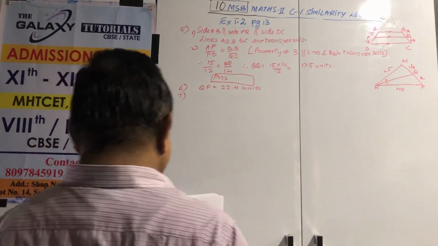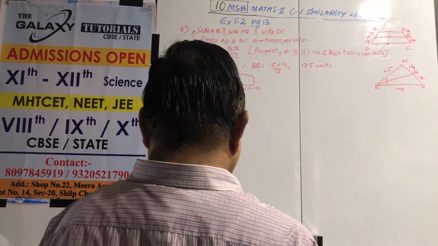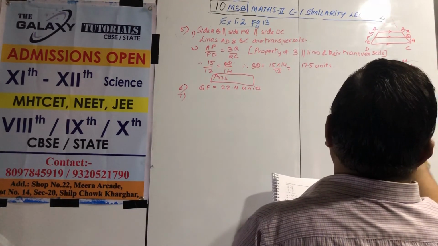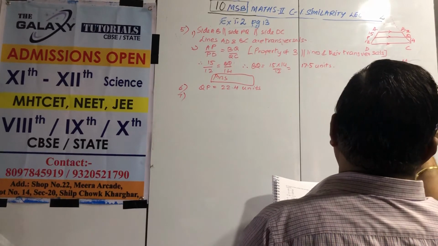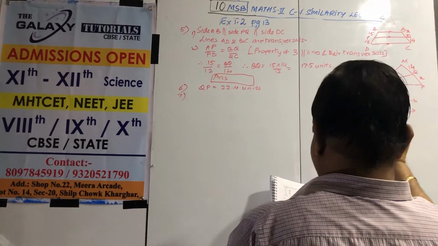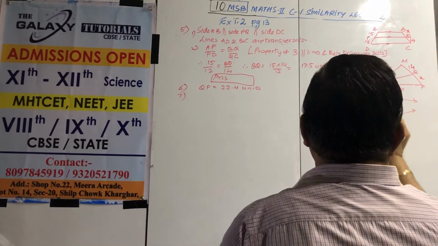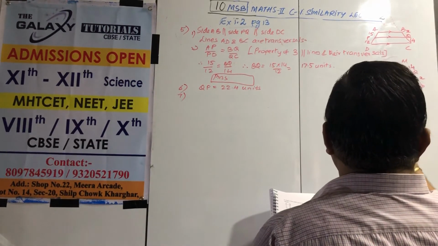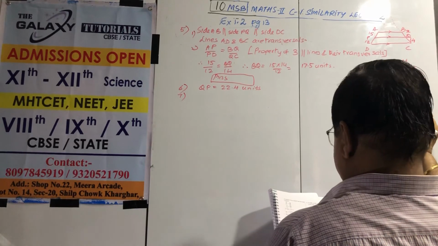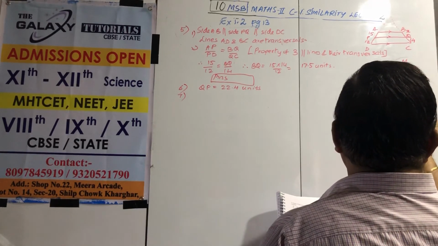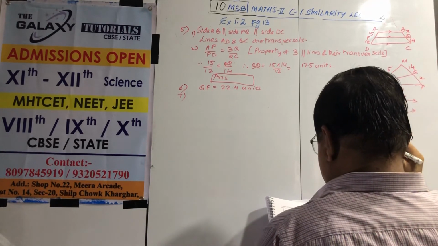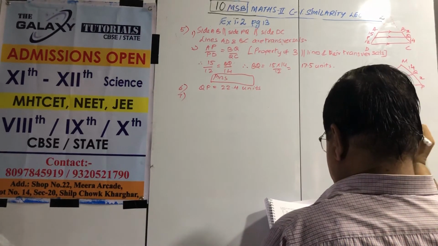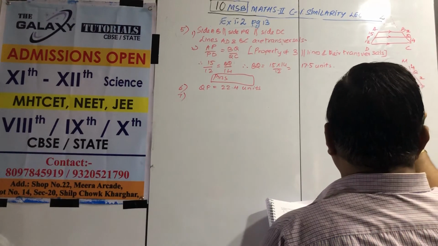The 7th sum says in the figure, they are given as a figure. This is AB, this is CD, and this is EF, and this is 8, this is given as 12, this is given as X, and this is given as 4.